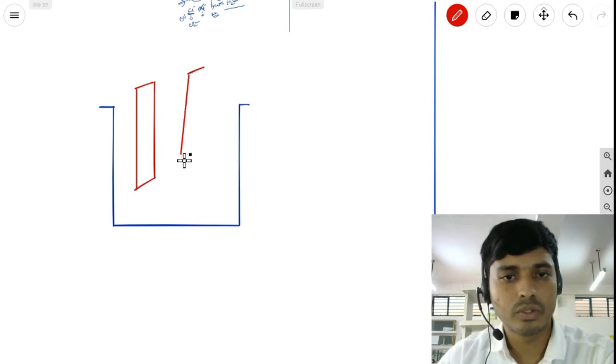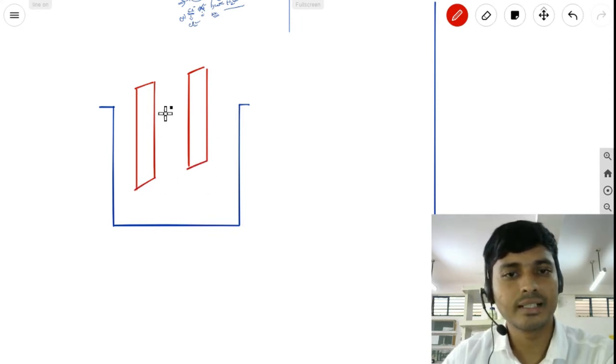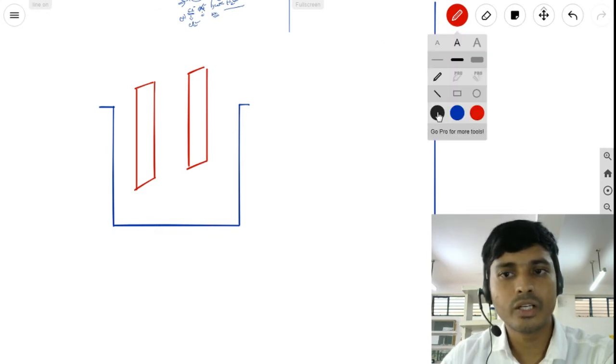So this is how you have to draw in the examinations also. So make sure that these are equal. Then we will connect these to the battery.